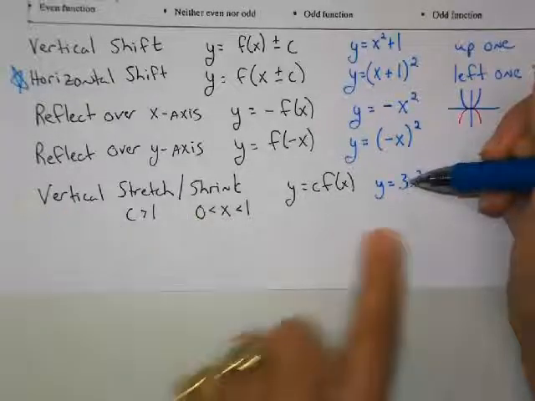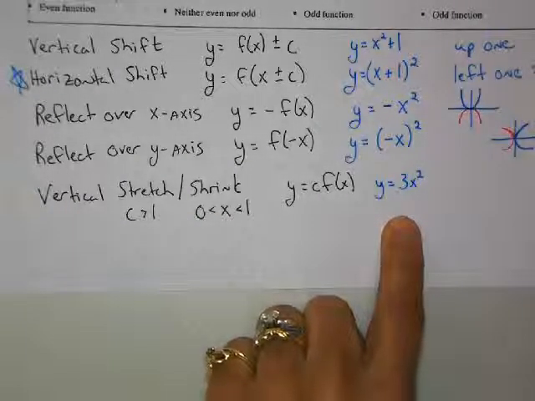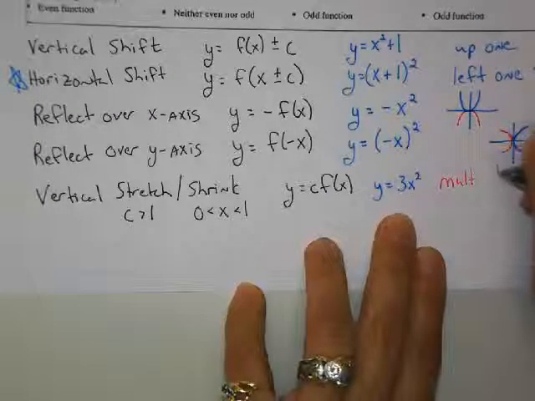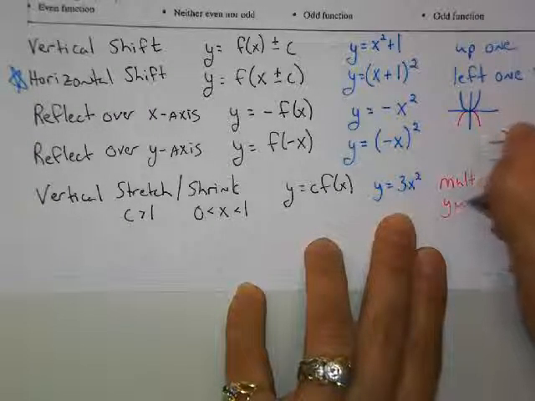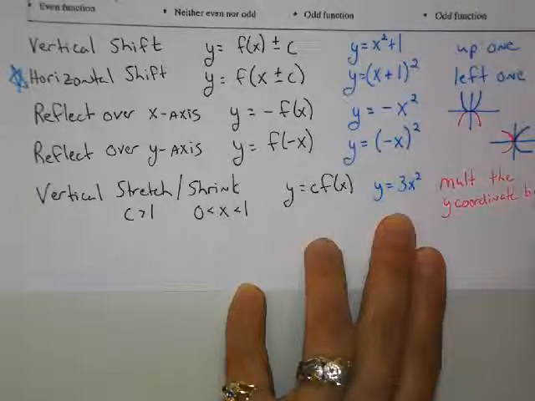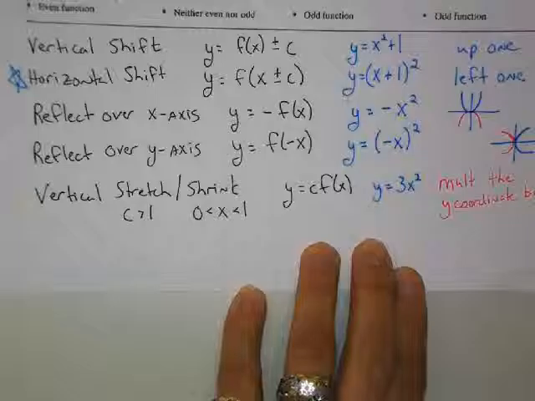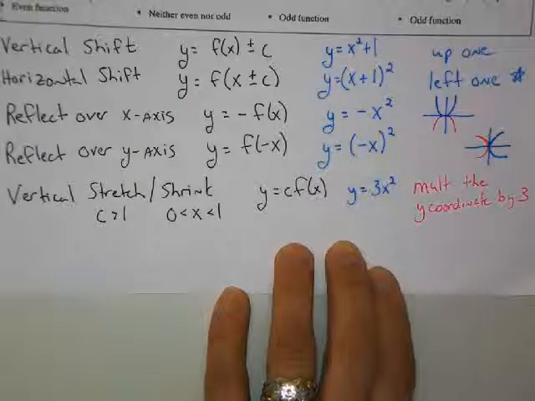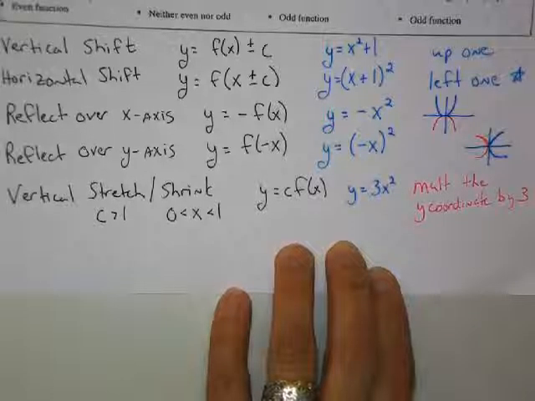So you're going to multiply the y coordinate by 3. The x coordinate, nothing gets done to him. He stays exactly the same.